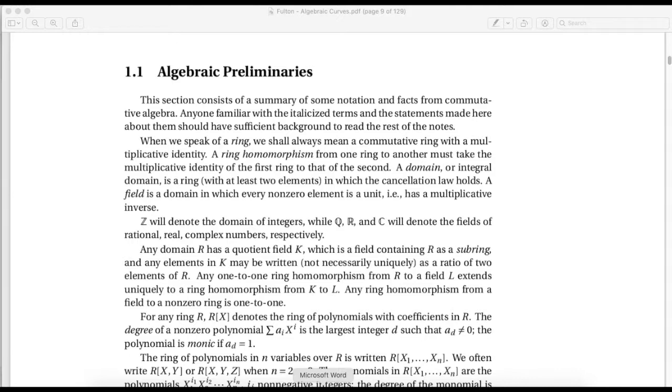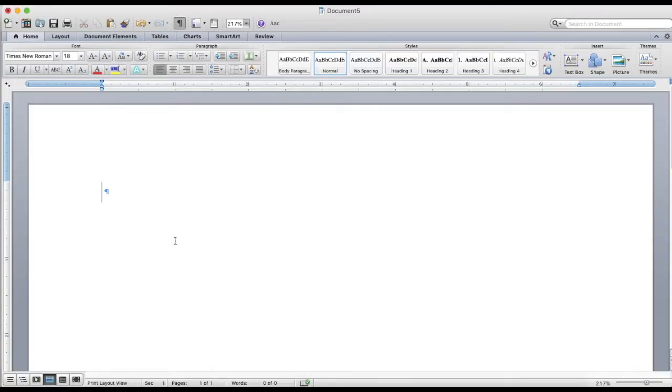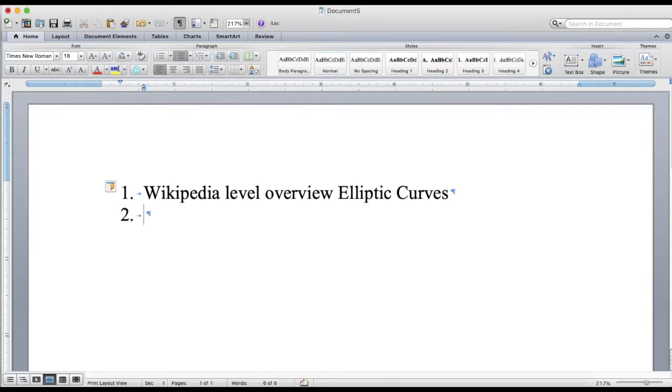Let me just tell you quickly what we're going to go over next. So I think the first thing I'm going to do before we start on this book is do just a very basic Wikipedia level overview of elliptic curves, just to get a very basic sense of what they are. Then I'm going to do the first real math video.